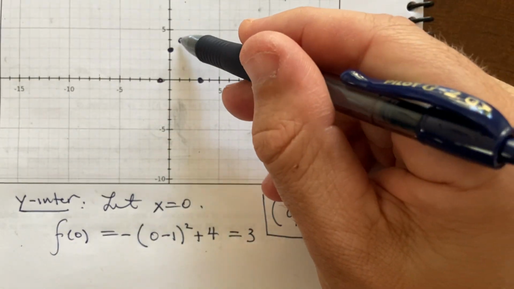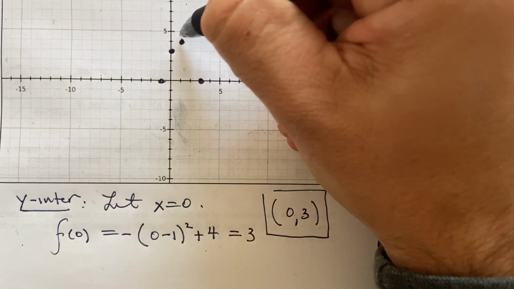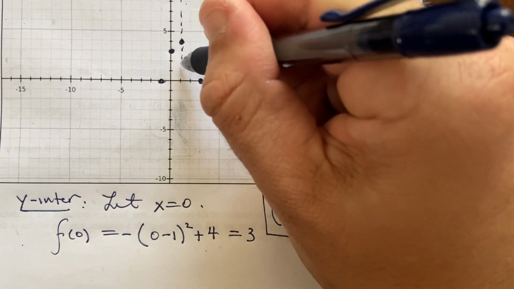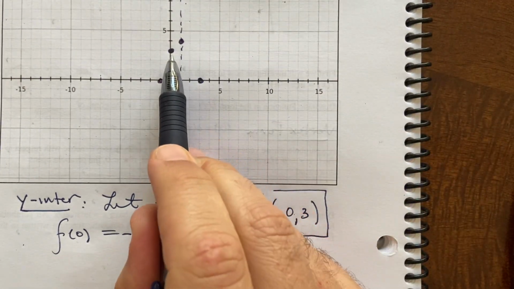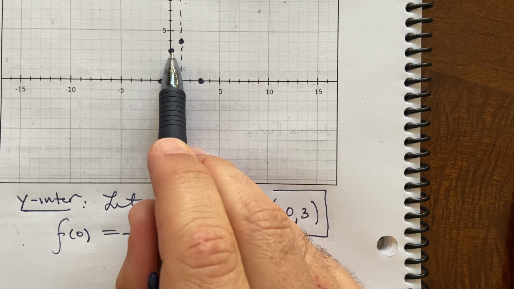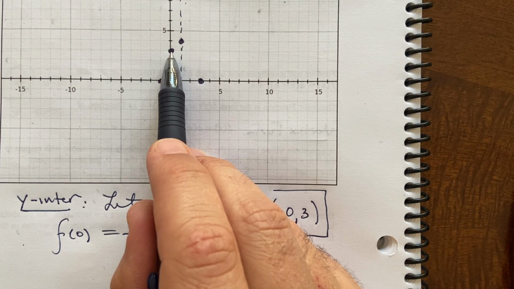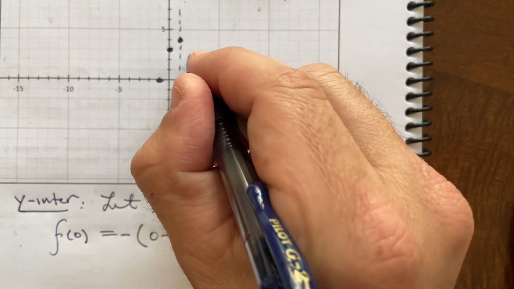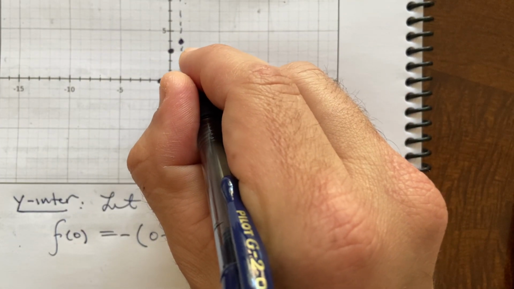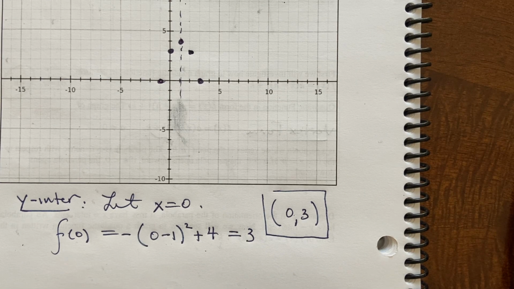By the symmetry, everything is going to be symmetric across this line through the vertex. So I know if there's a point 1 to the left of the vertex that lands at 3, there's going to be a point 1 to the right of the vertex that lands at 3 also.